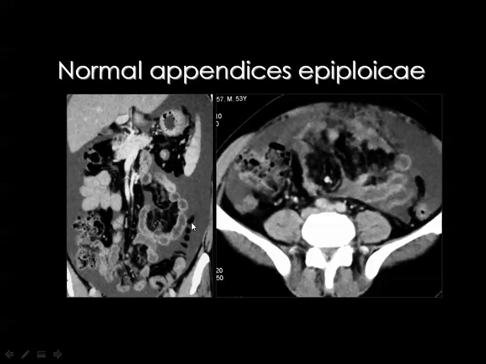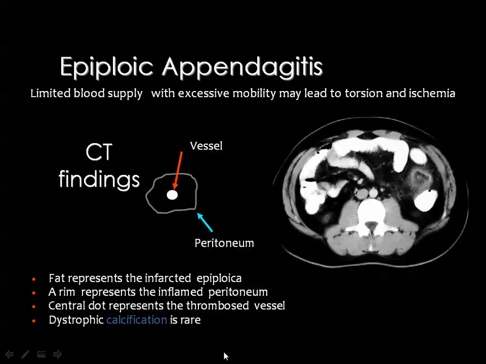This is fat, not air, protruding from the wall of the colon, and this is one of the appendices epiploicae which is prominent, as you can see. And you remember, you cannot see these appendages normally unless the patient has ascites. And what happens if these appendices epiploicae become inflamed?